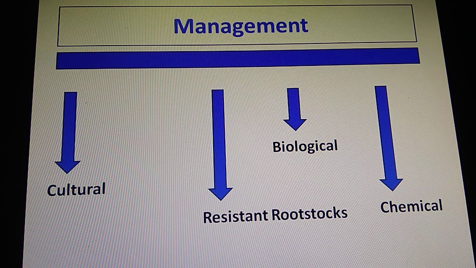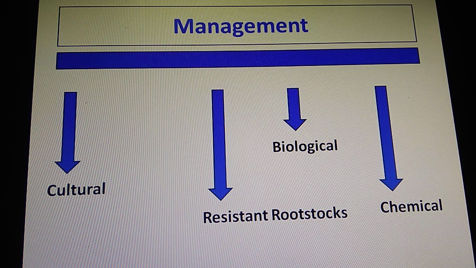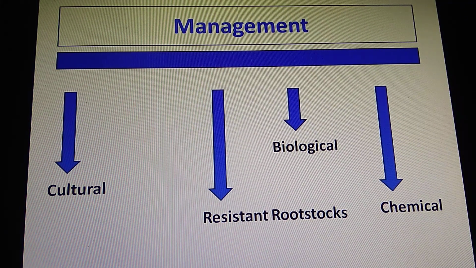In the biological method, it has been reported that bioagents, mainly the fungal bioagent Trichoderma, having different species like Trichoderma harzianum, Trichoderma viride, as well as another bioagent namely Gliocladium virens, are found to be effective.